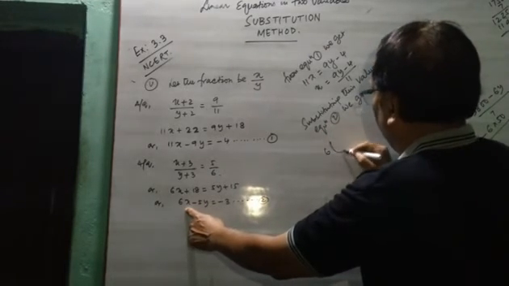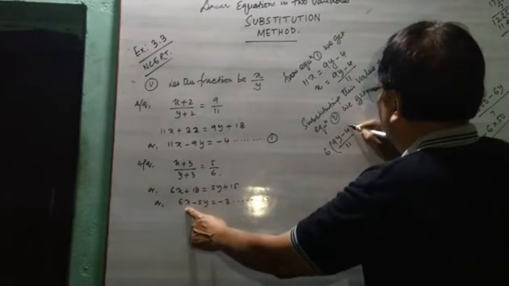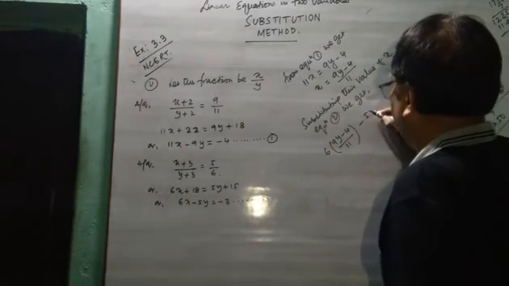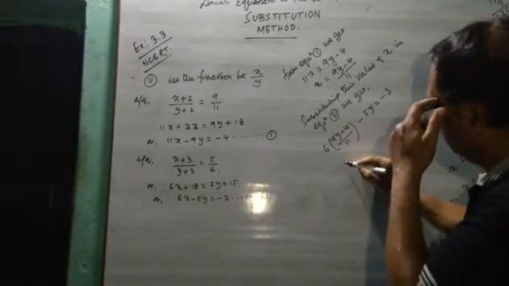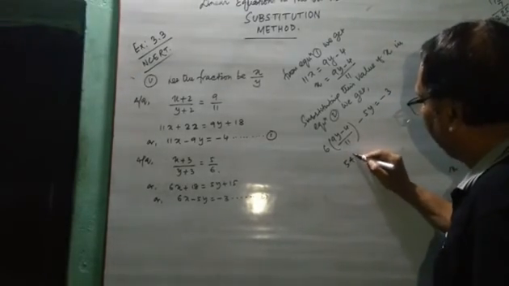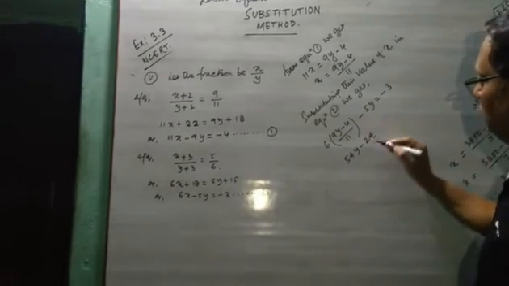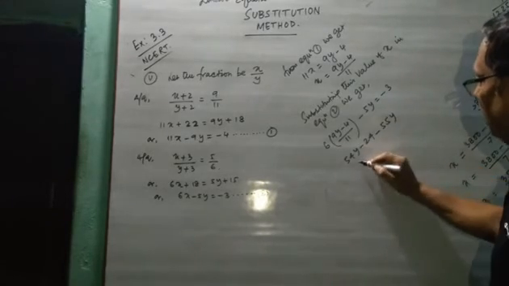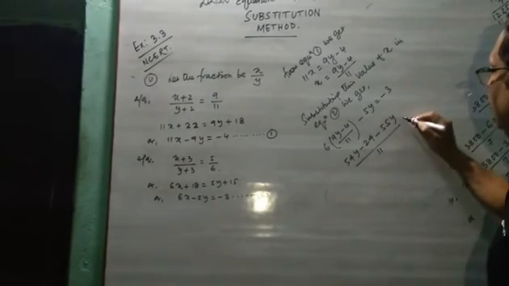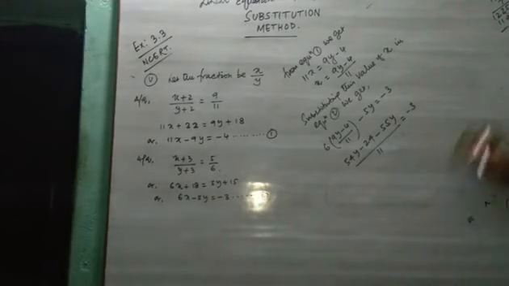In place of x, we will write 9y minus 4 upon 11 minus 5y is equal to minus 3. 54y minus 24 minus 55y, I have taken the LCM, by 11 is equal to minus 3.